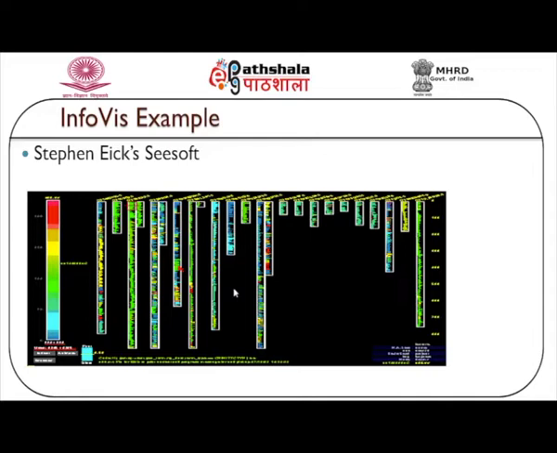Looking at this, we can infer that your source code has been modified many times, meaning many versions of that source code have occurred. We can also infer patterns: which source code is modified more frequently, which is modified very less frequently, and which is modified together. Such dependencies between the source code can also be analyzed using this application.